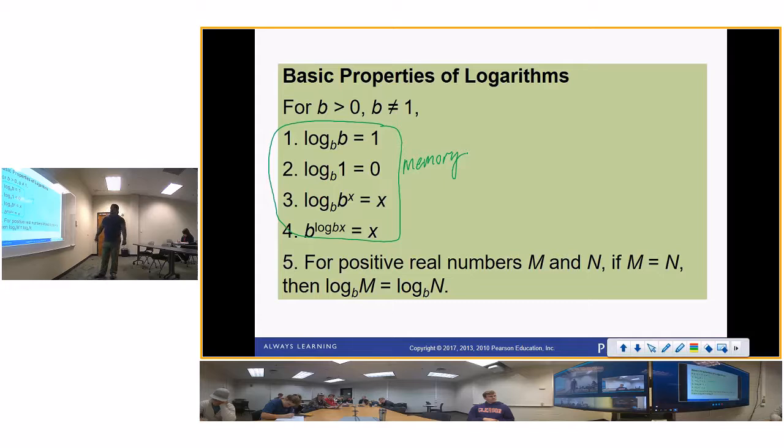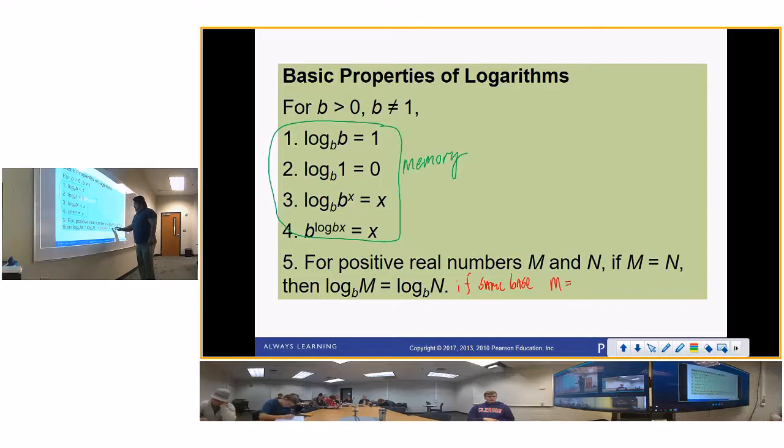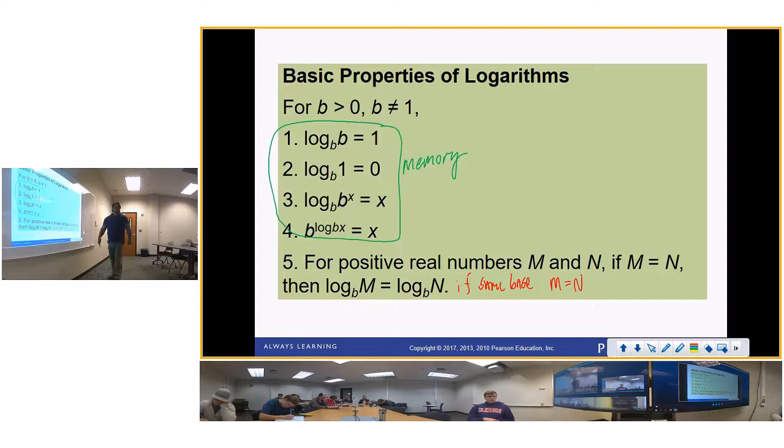All right, the bottom, I'm not too worried about the bottom, but the bottom says, well, I better, I'm going to write in red, if and only if, same base, if you have the same base, you can set m equal to n.